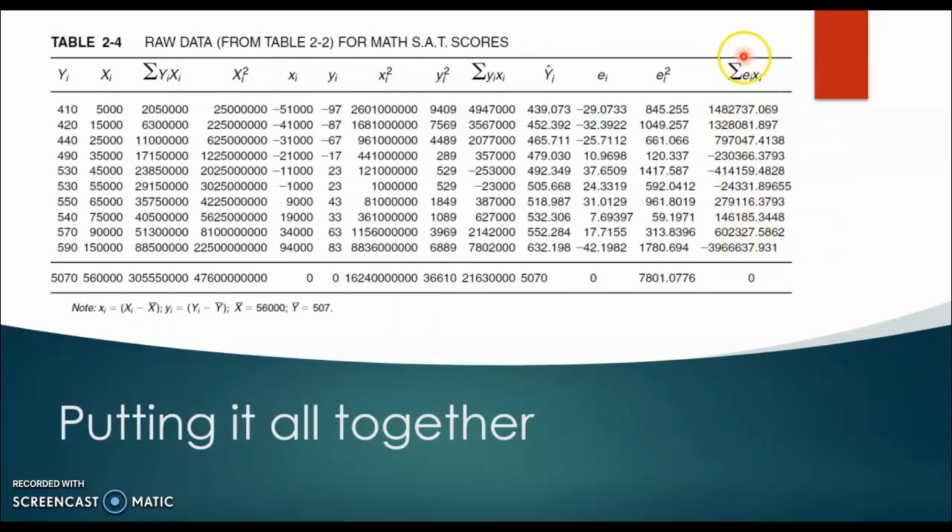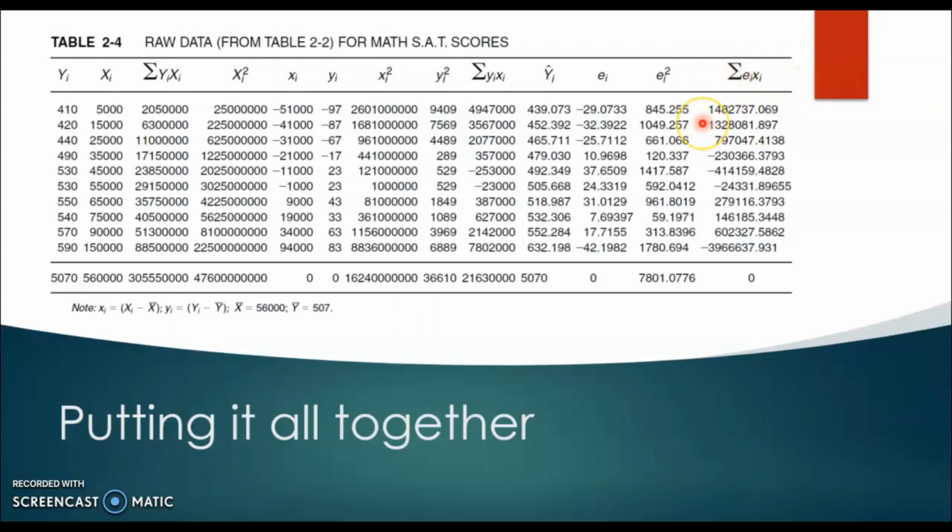On the last column for this table, we have the sum of product for the residual and the small letter x, which is the deviation of x from its mean values.